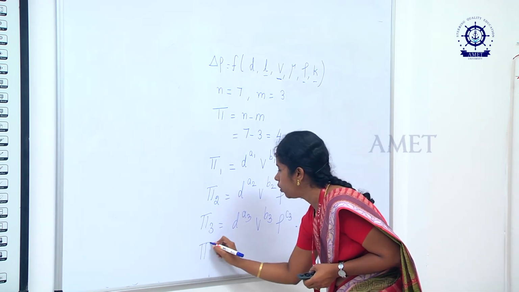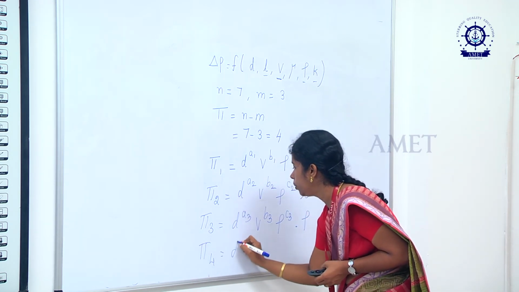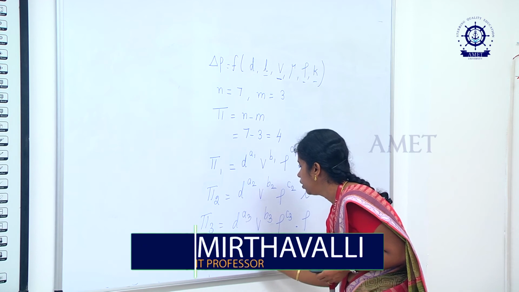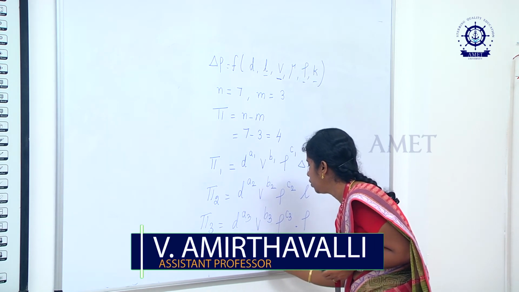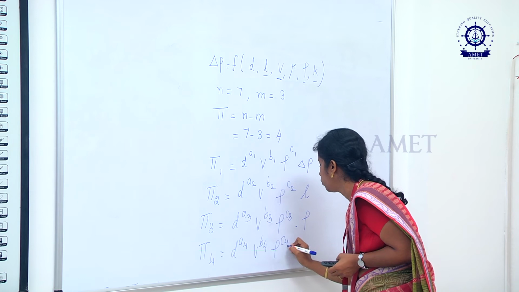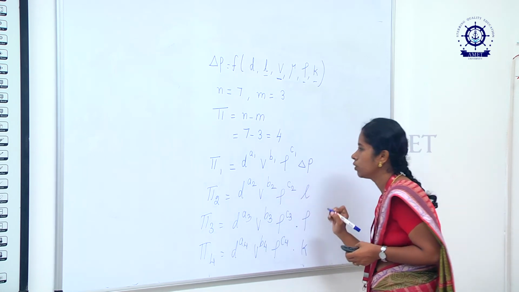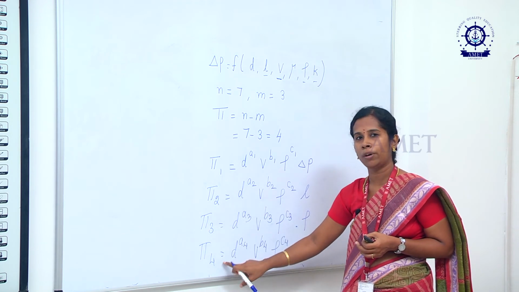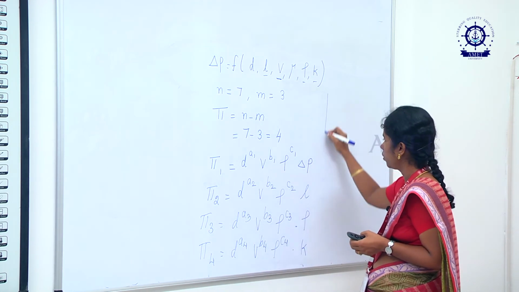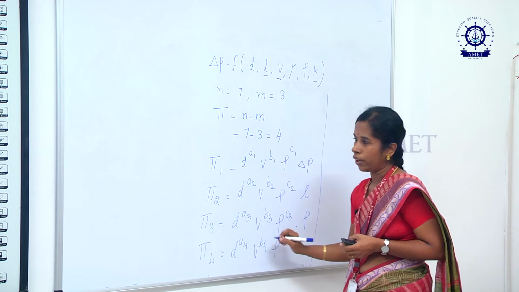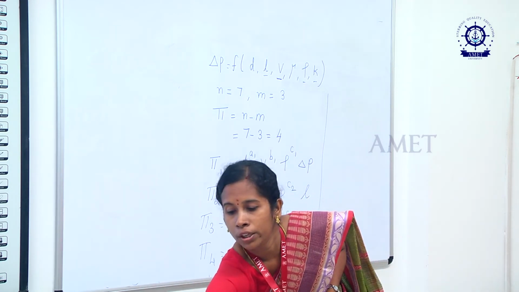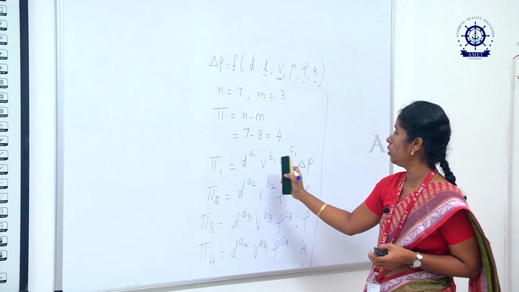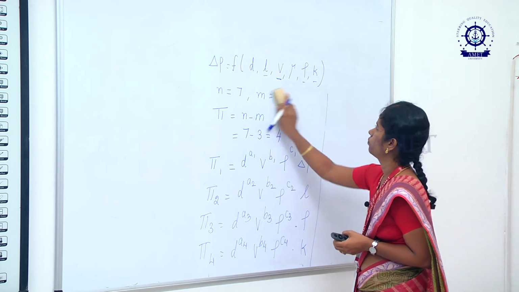And pi 4 will be equal to d power A4, V power B4, rho power C4 into K. So, now I have written all the pi terms, pi 1, pi 2, pi 3, pi 4. Now, you have to find out the values of A1, B1, C1 from the equation.